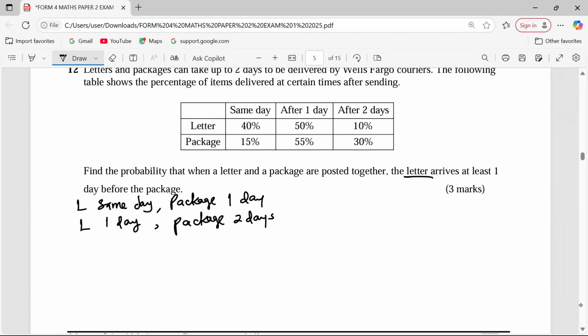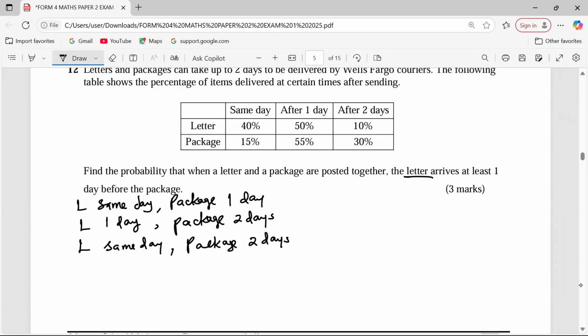So the combinations that will give us a letter arriving 1 day before the package should be: the letter arriving the same day but the package taking a day, or the letter arriving after 1 day but the package taking 2 days, or the letter arriving the same day but the package taking 2 days.